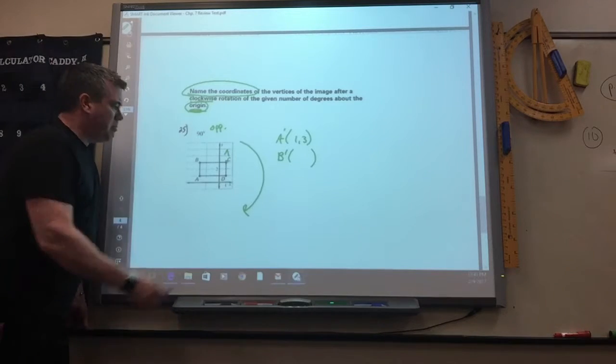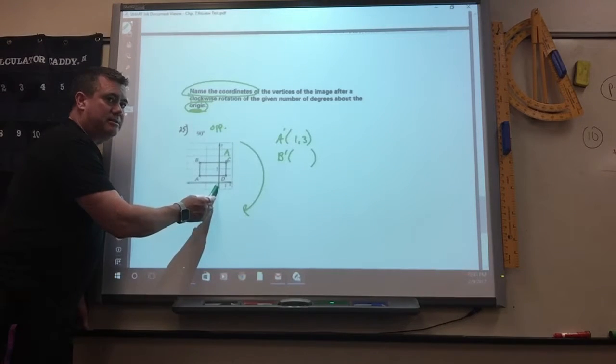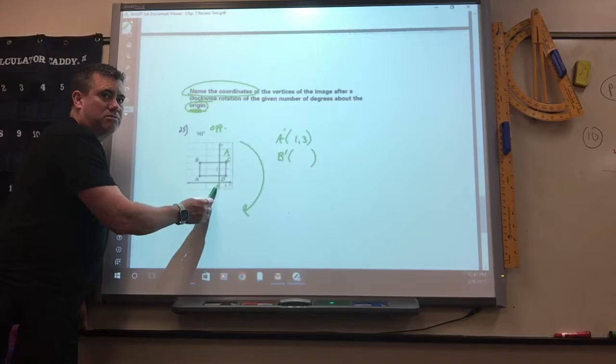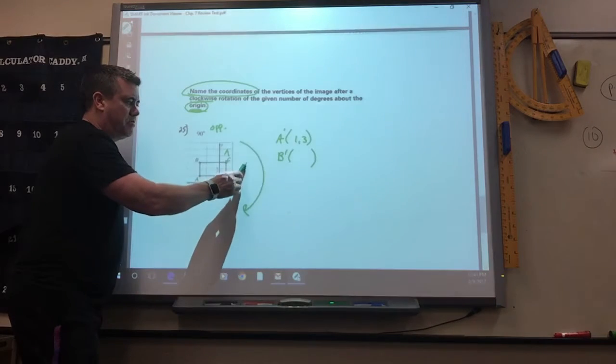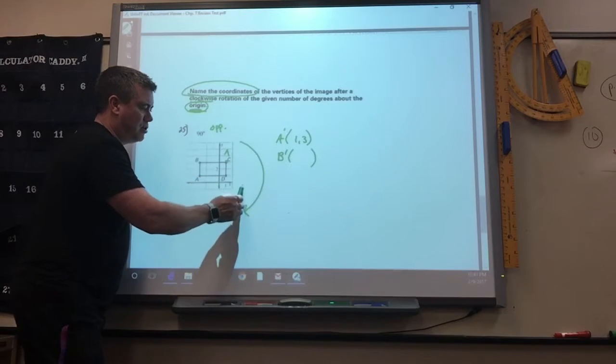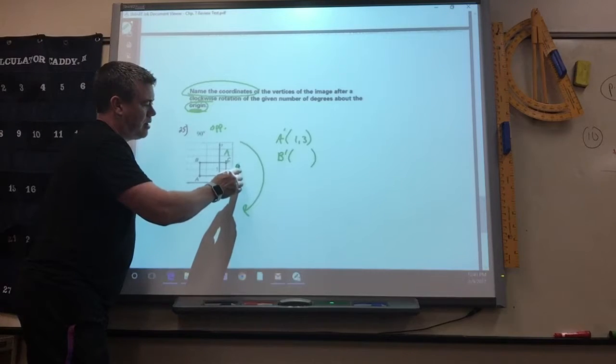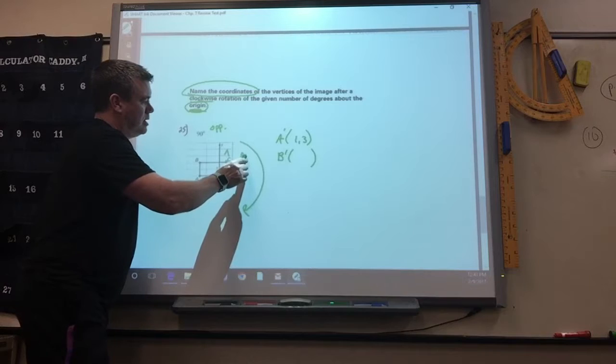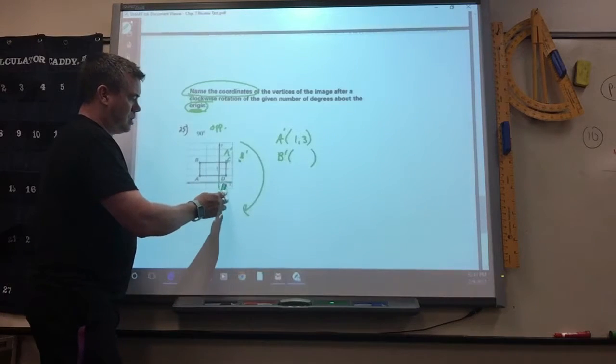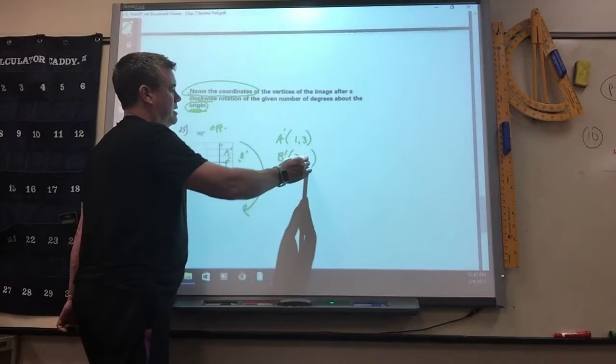B is hard to mess up because it's down 3 over 3. So if the numbers are the same, I know I have to end up over here. So it'd be over 3 up 3. So that is 1, 2, 3, up 3.